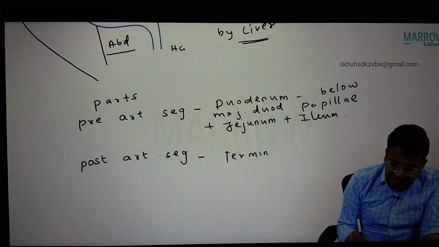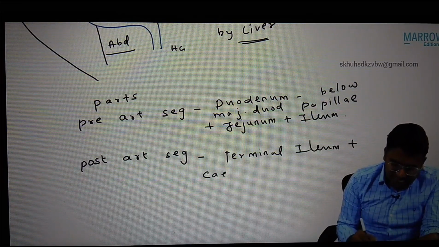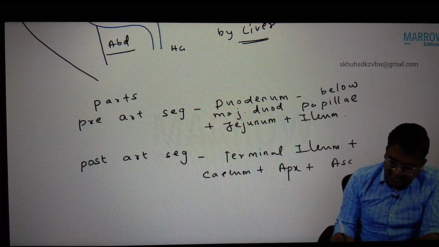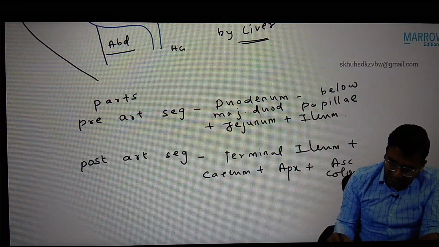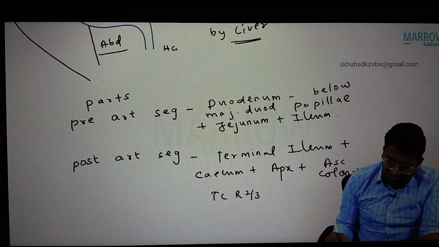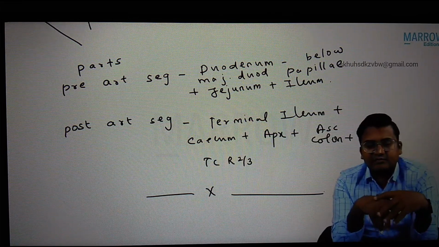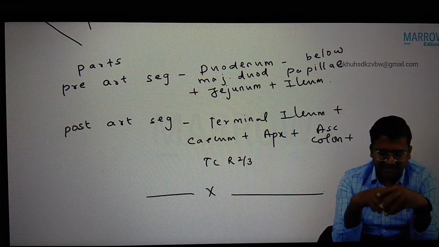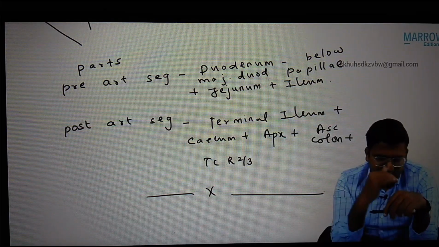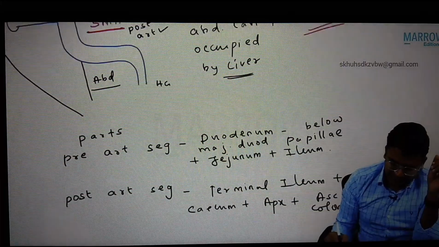The terminal part of the ileum, plus cecum, plus appendix, plus ascending colon, and the right two-thirds of the transverse colon. So now we know the parts of the midgut loop. We divide the midgut loop by the superior mesenteric artery into pre-arterial and post-arterial segments.